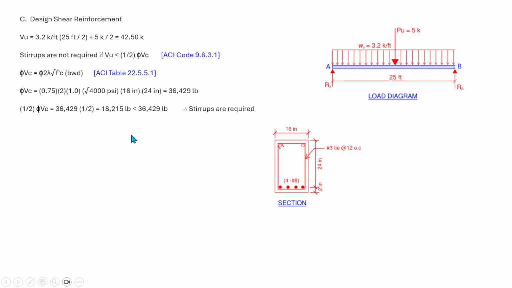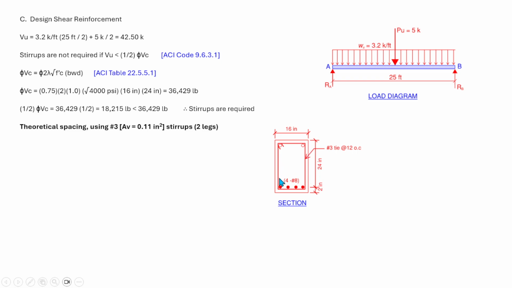Now we will calculate the stirrups spacing. So therefore, spacing using number 3 bars, the area of that is 0.11 square inch, stirrups assuming that we are using 2 legs.